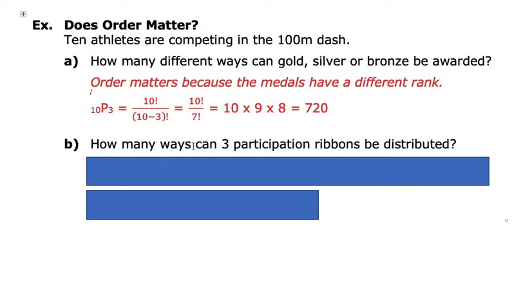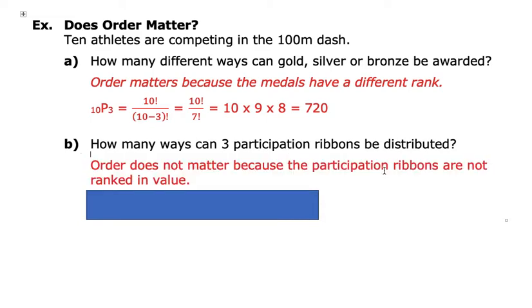Next, how many ways can 3 participation ribbons be distributed? We are selecting any 3 people at random, and participation ribbons do not have any rank relative to one another, so we can see this as a combination. The order in which we distribute the participation ribbons does not matter.